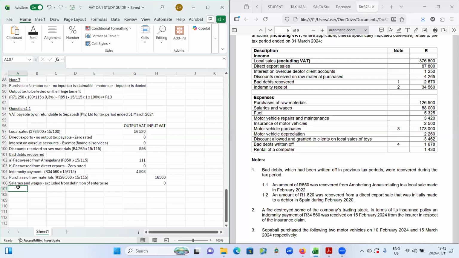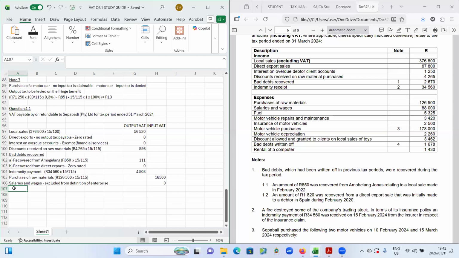Remember what an enterprise is: a business which is carried on continuously in the Republic. If you are not carrying on a business continuously, it's not an enterprise. However, the rendering of services by an employee to his employer is continuous, but the Act specifically excluded it.